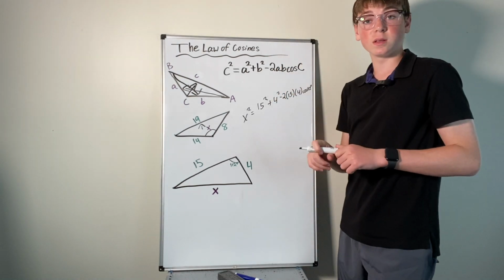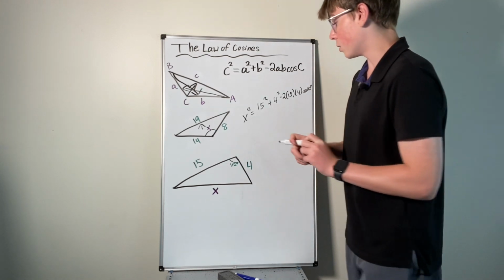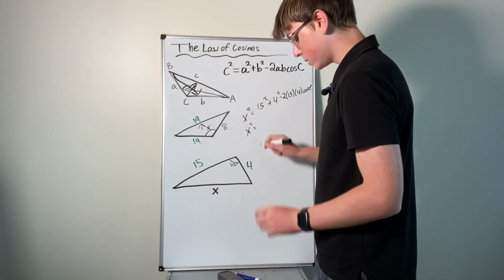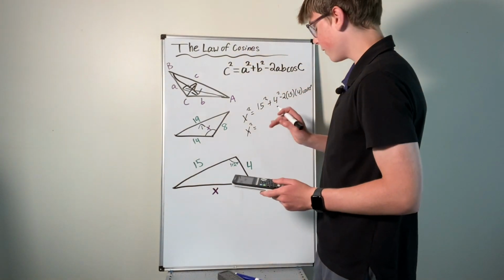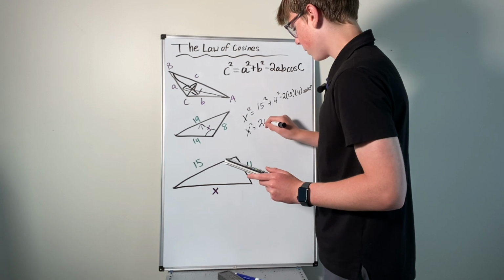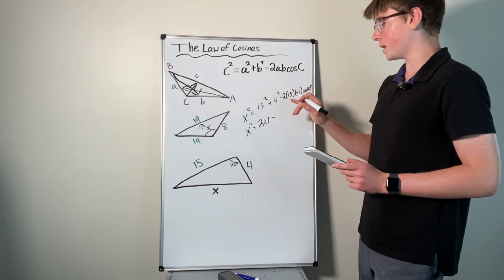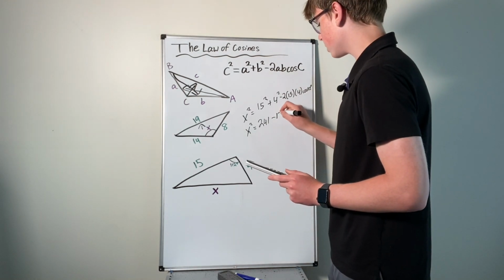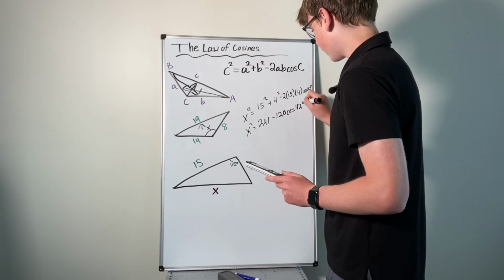I'm likely going to leave this cosine here for a while. So x squared equals 15 squared is 225. 4 squared is 16. So 241 minus 2 times 15 is 30. 30 times 4 is 120, minus 120 cosine 112.